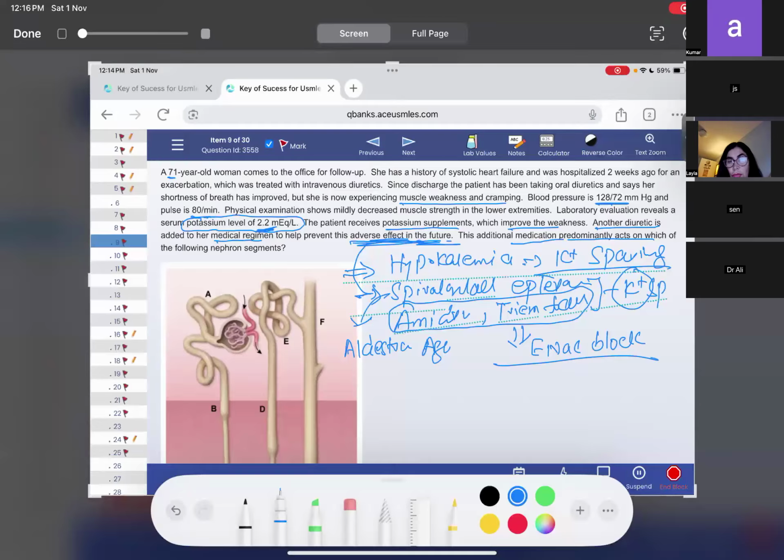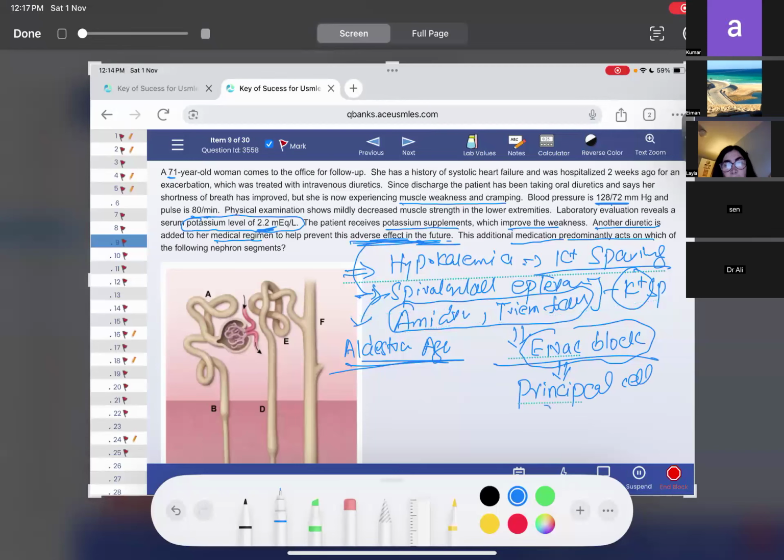Both of these are usually present in which portion of the nephron? Can anybody tell me? Distal, in the collecting duct. Excellent. Principal cells of the collecting ducts.